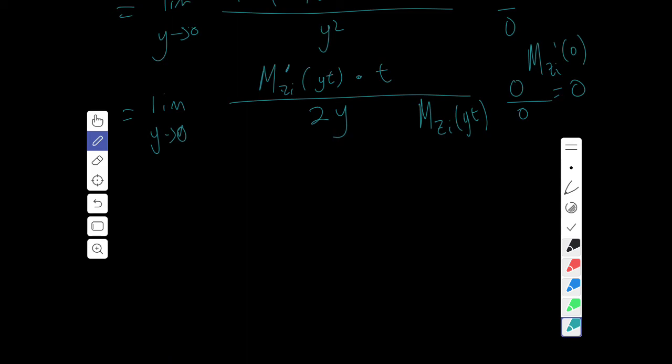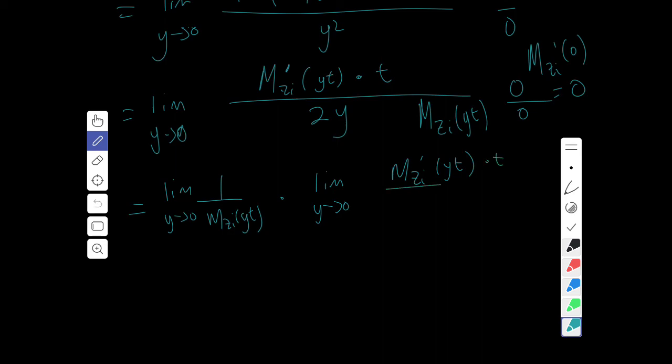Because of that, the limit laws mean that I can separate fractions. The limit of a fraction is equal to the fraction of the limits, and the limit of a product is equal to the product of the limits. So this is equal to the limit as y goes to 0 of 1 over M_Zi of yt, multiplied by the limit as y goes to 0 of M_Zi prime of yt times t over 2y.